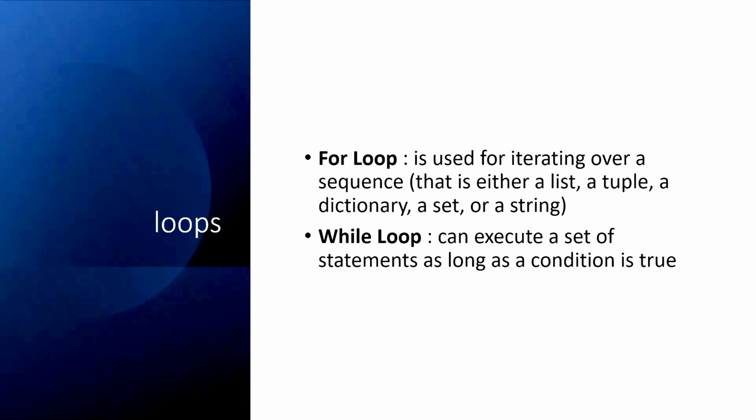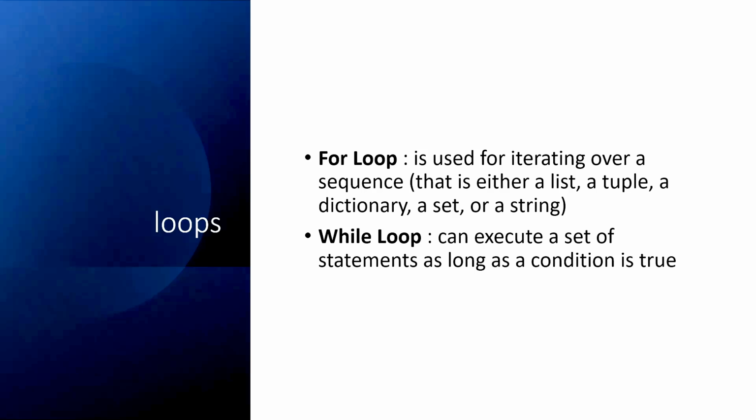Similarly, list, tuple, dictionary, and set store values or key value pairs, and if you want to run over each individual value or key value pair, you can do that using a for loop.